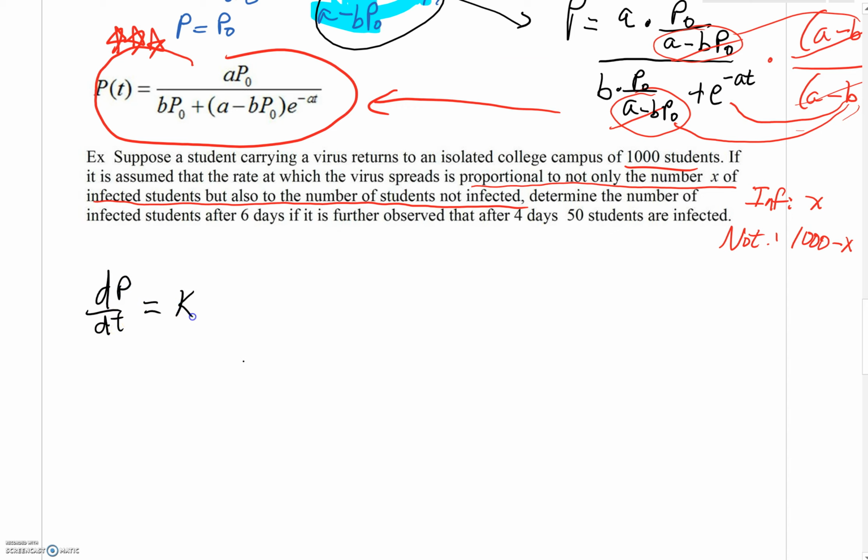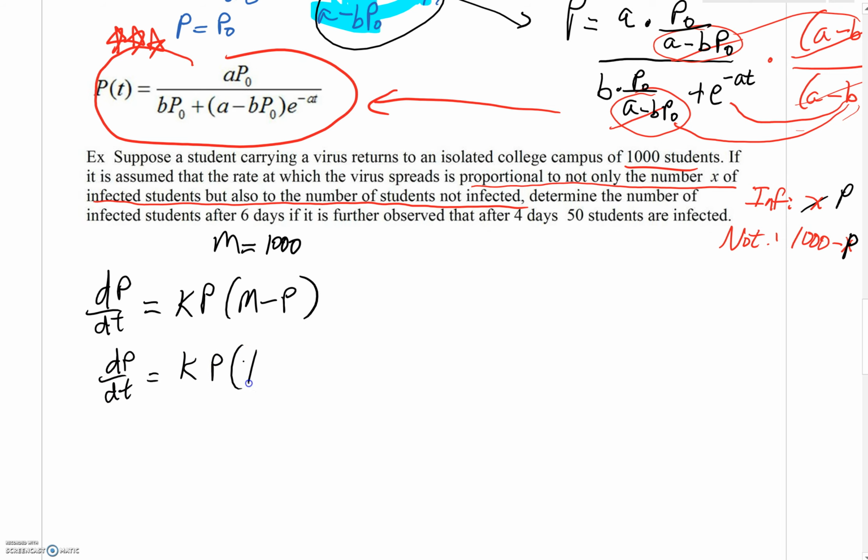Instead of having an X, maybe we'll have a P. As you're looking at this, M is your maximum carrying capacity. You've got 1,000 students here. We could say dP dt is Kp times 1,000 minus P.